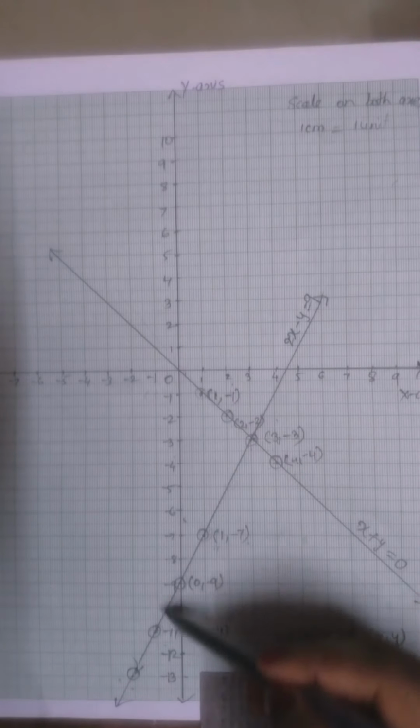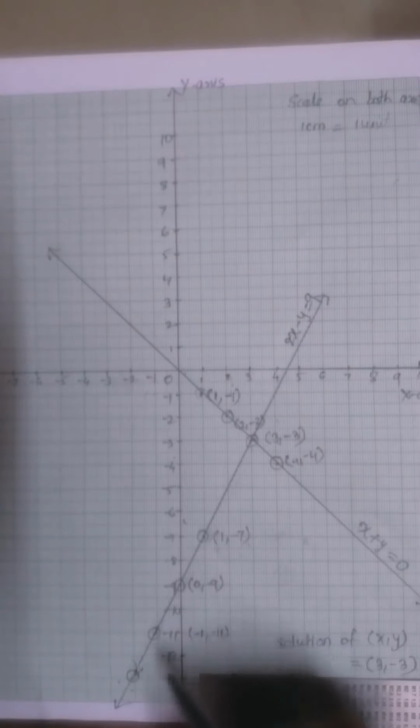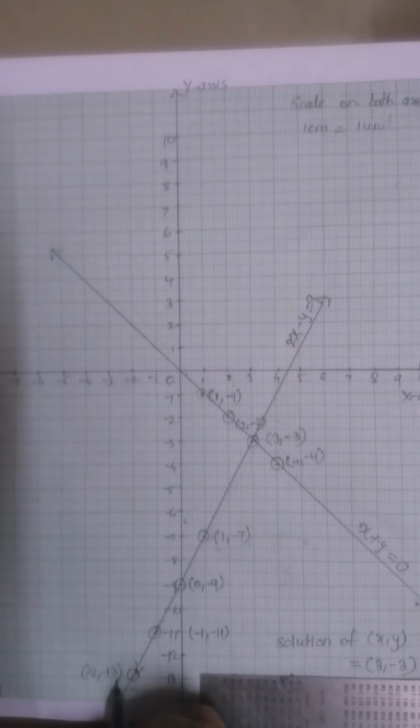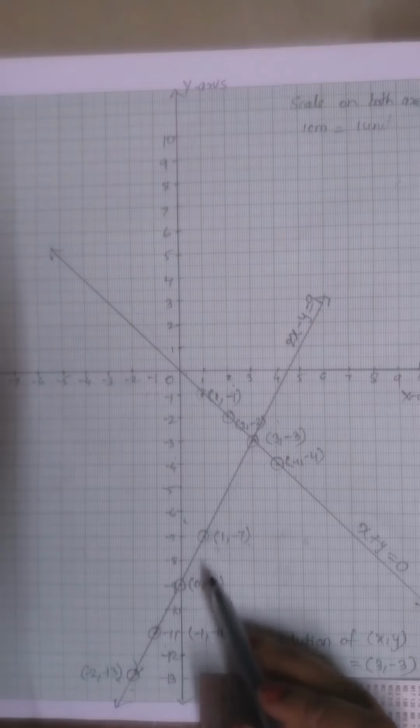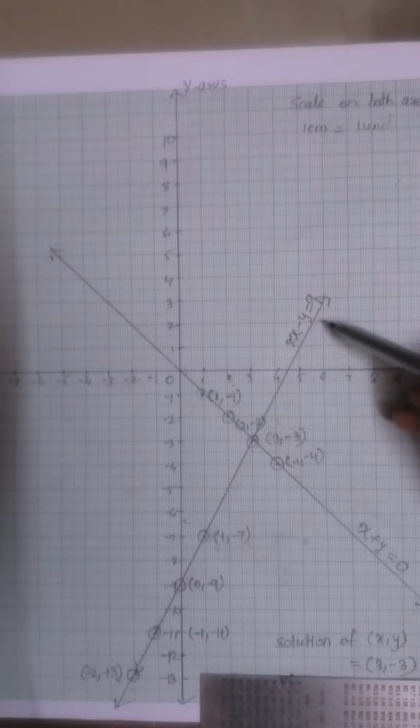Now the next one is minus 2 comma minus 13. Now all these 4 points are joined with the help of a scale, and write down the equation.